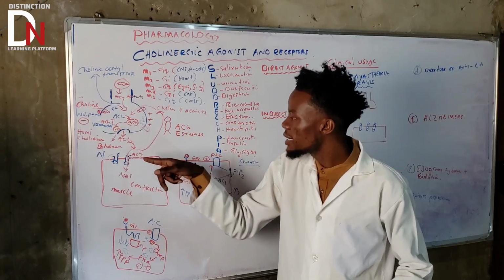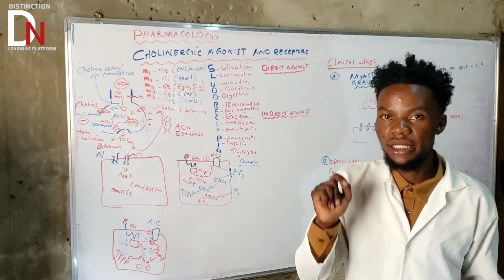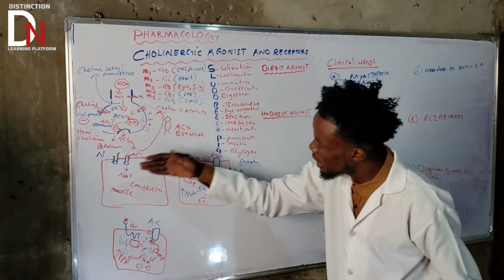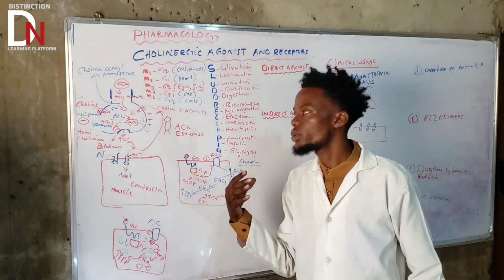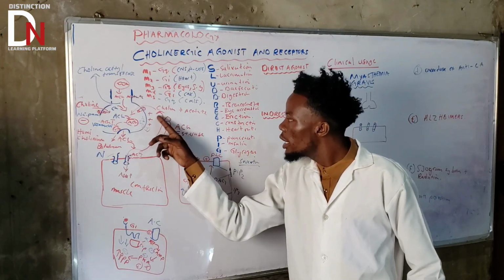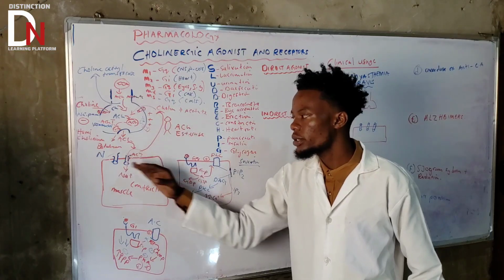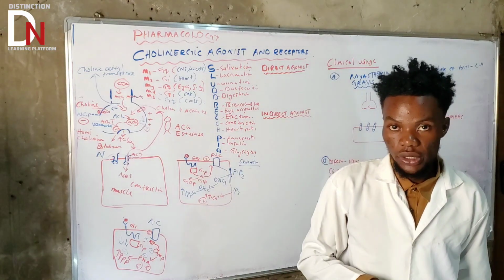If a drug acts directly on the receptor, that is a direct agonist. Indirect agonists don't act directly on the receptors, they act from somewhere else, like here, on this enzyme. If they act on this enzyme and not on the receptor, it is an indirect agonist.